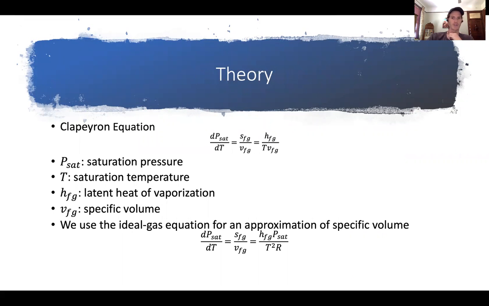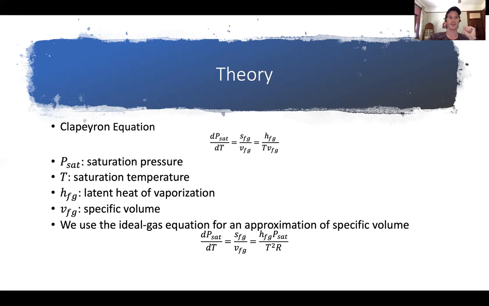Theory: the Clapeyron equation is the derivative of the saturation pressure with respect to temperature, which is equal to the entropy change of the vapor phase over the specific volume change, which is equal to the enthalpy change over temperature times the specific volume change.